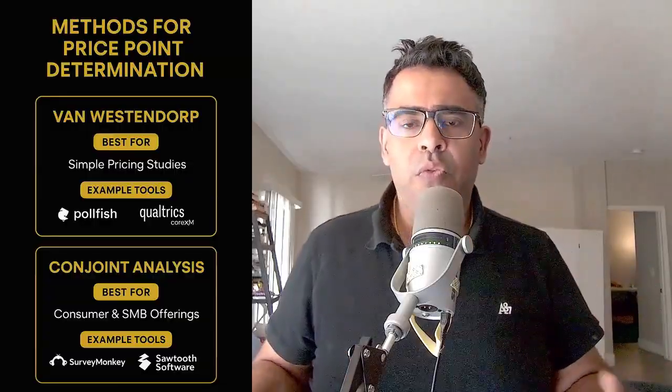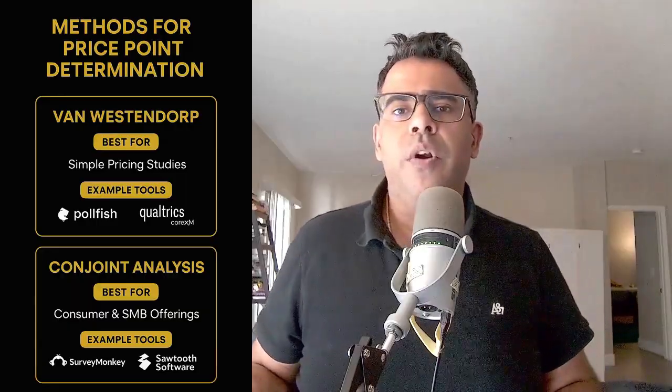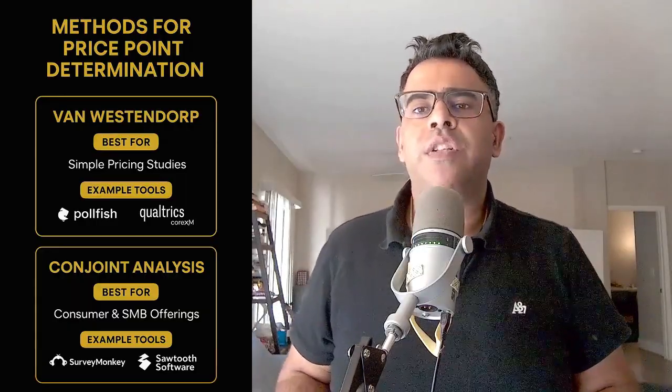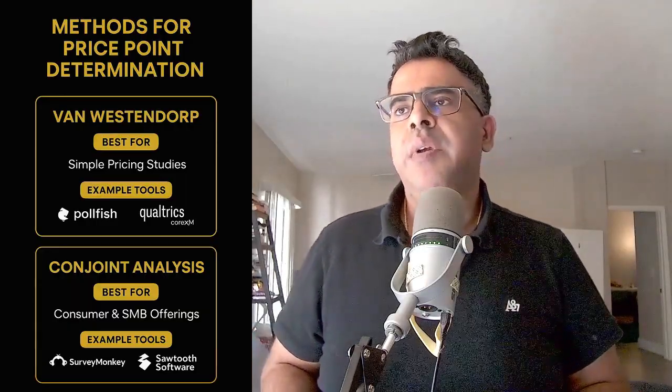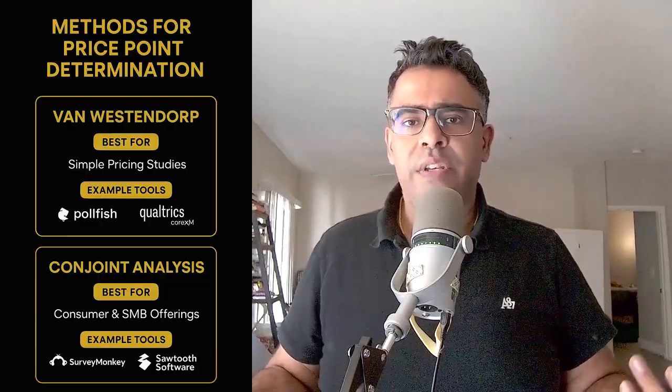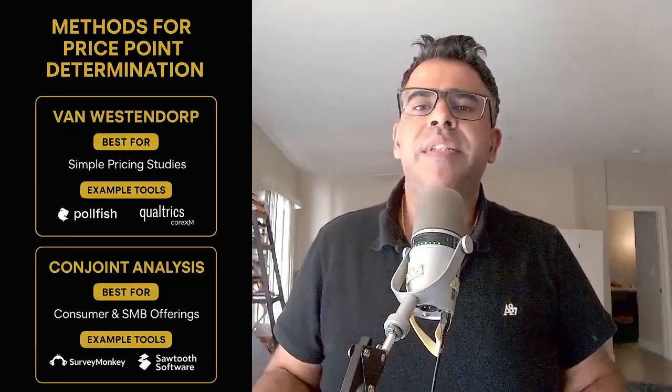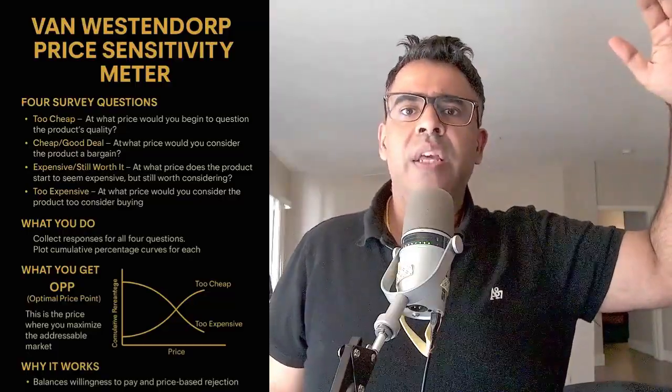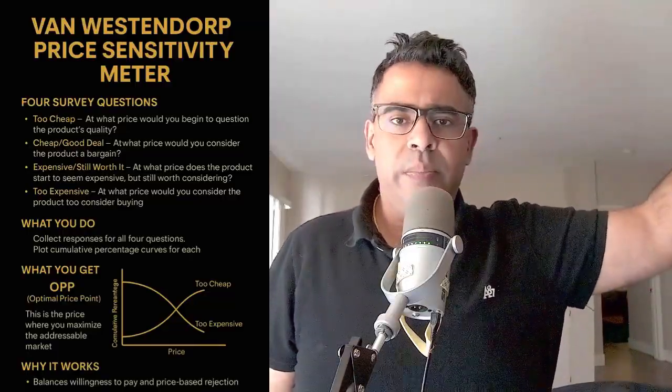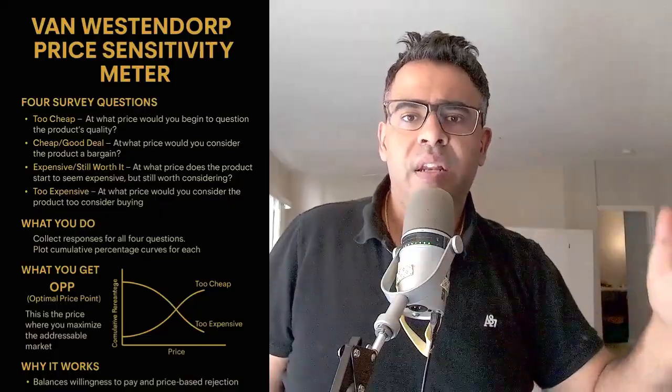If you have more of a black box or an opaque sort of product that is easy for customers to understand, then you can do something like a Van Westendorf analysis, which is very simply said, asking customers the maximum that they would be willing to pay and beyond which they cannot foresee paying for a product like this, and the number below which they would start to question the quality.